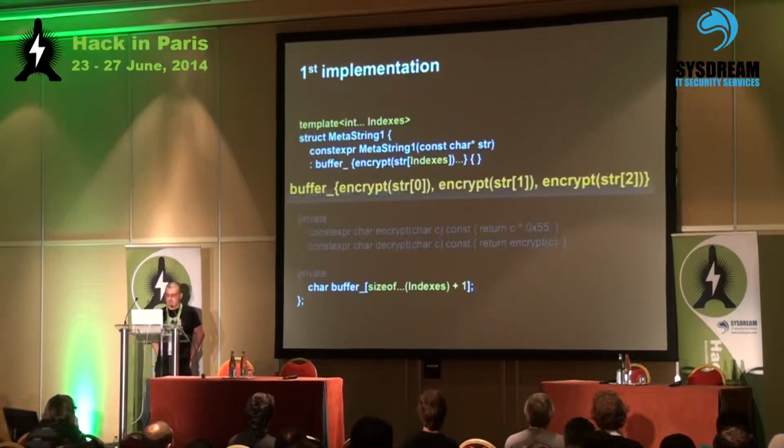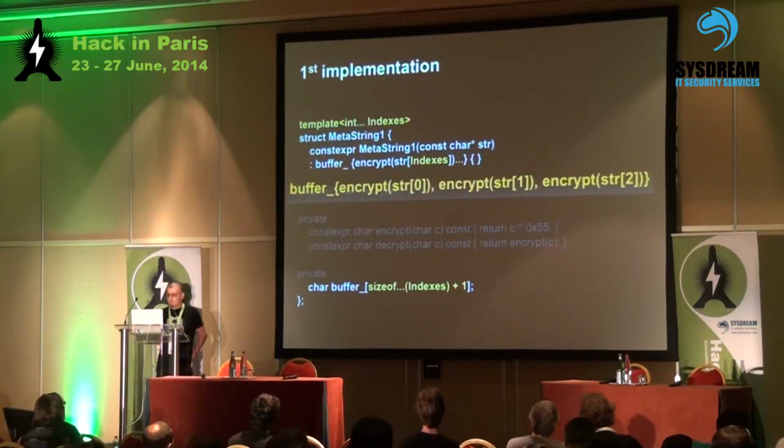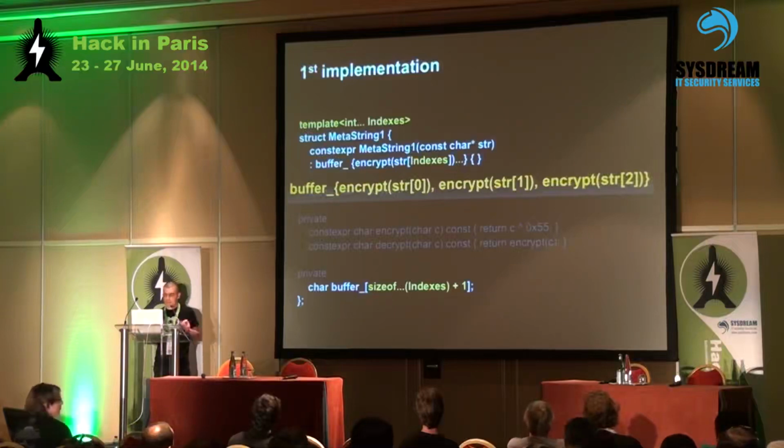So I will use what is called a variadic template. I just put 3 dots after the int in the template, and then I'm using the 3 dots in the constructor, and the compiler will just replace these 3 dots with each index I have in my templates.